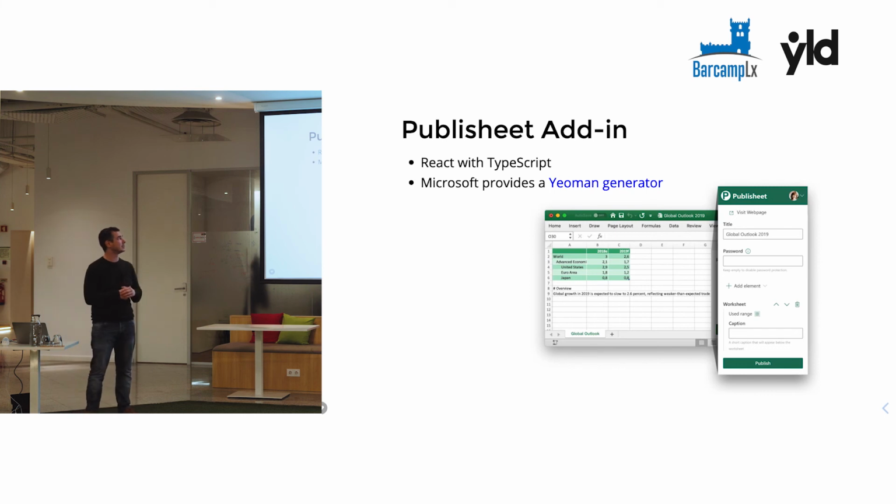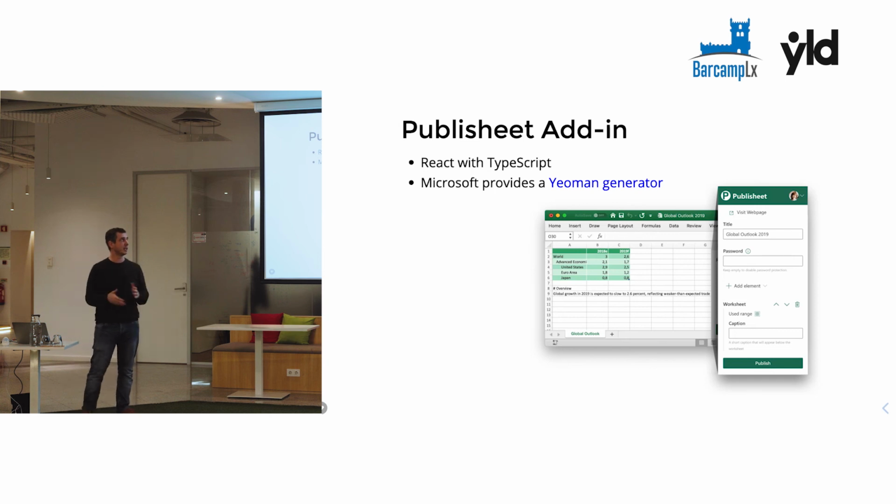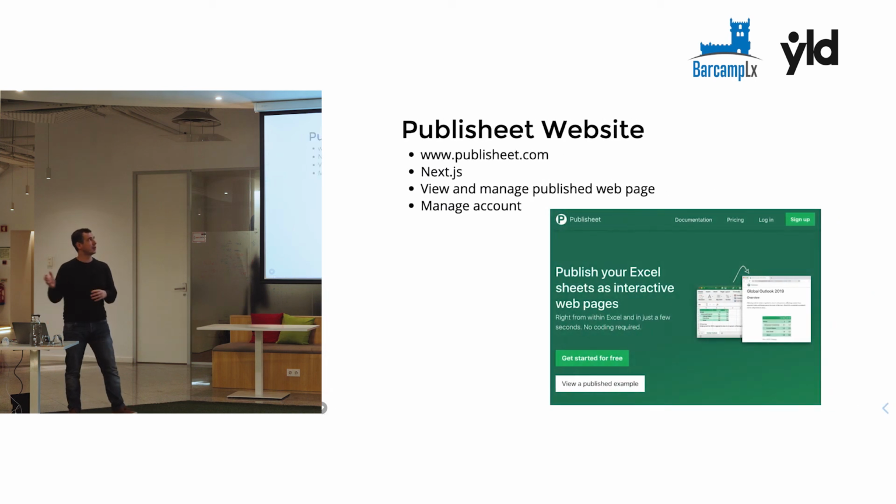The add-in itself, technical details: it's a web page developed with React, with TypeScript. Microsoft provides a Yeoman generator where you just run two or three commands, and suddenly you have the full base ready to run with your base add-in. And on the other side, we have the web page.